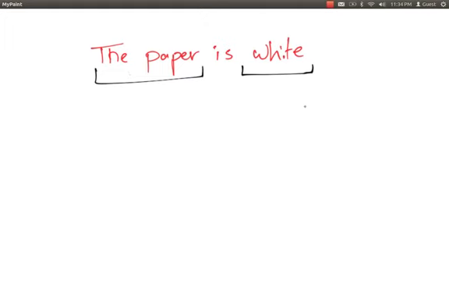The word the paper in Arabic is al-waraqa or al-waraqatu, and the word white is abyad, but since we are using it for waraqa, it will be in the form of bayda.